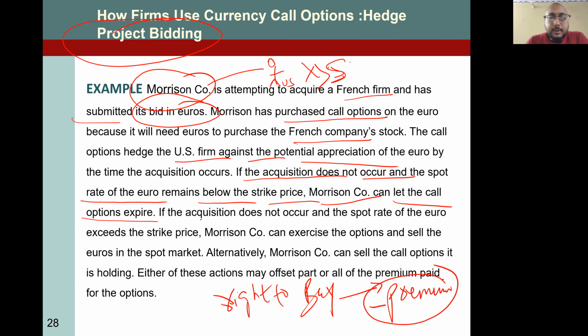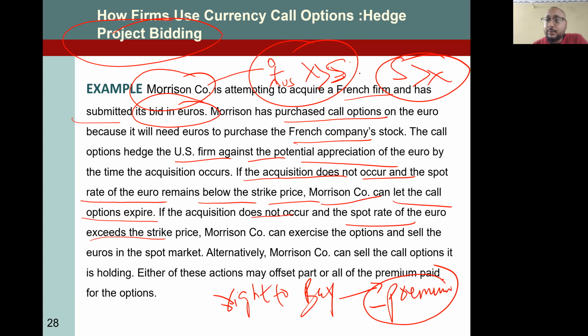If the acquisition does not occur and the spot rate of the euro exceeds the strike price, Morrison can exercise the option. What if the spot price is greater than the exercise price? In the spot market it is more expensive than buying from this seller.